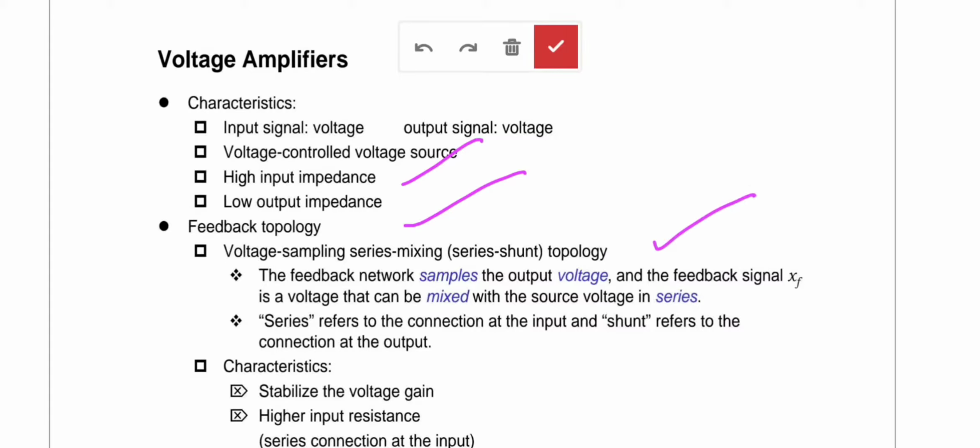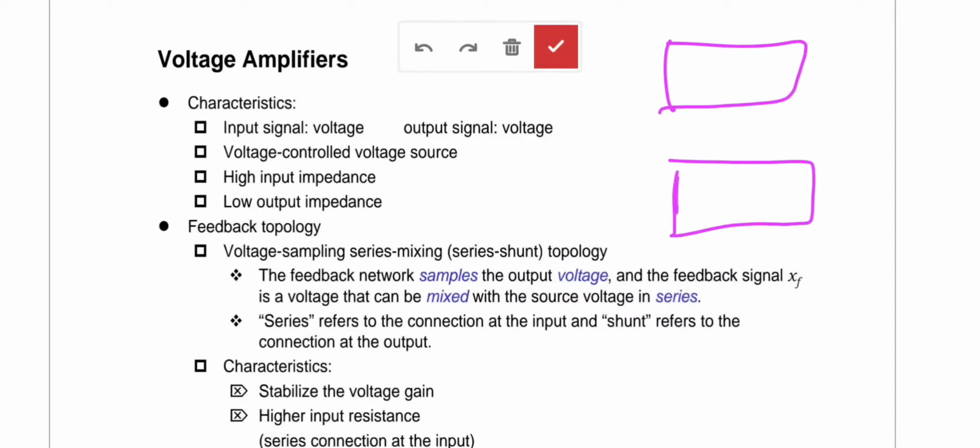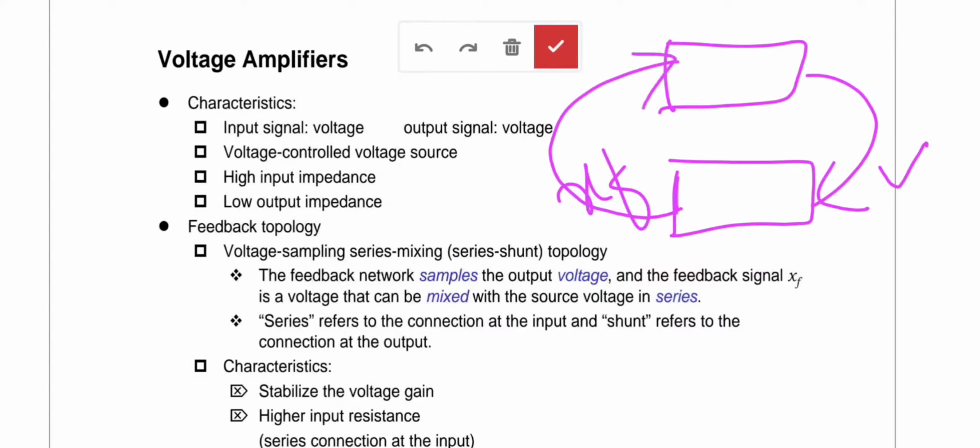This is the amplifier and this is the feedback network. The feedback network samples the output voltage, and the feedback signal XF, that will be a voltage, is mixed with the source voltage in series. So the series refers to the connection at the input and shunt refers to the connection at the output.